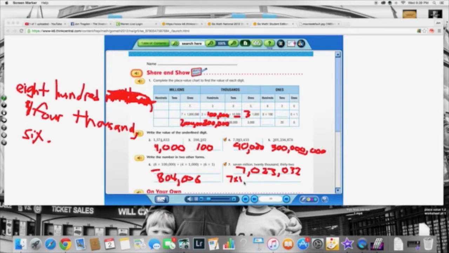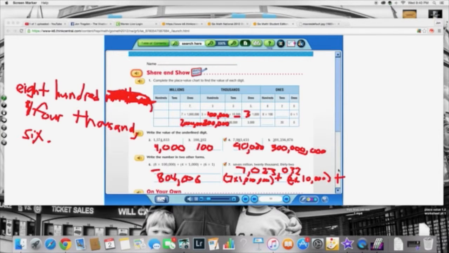7 times 1 million. Boom, boom, boom, comma, boom, boom, boom. Plus no hundreds, but I got 2 times 10,000. I need to put my parentheses. Keep going over here.